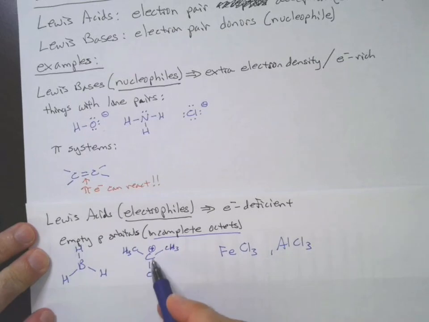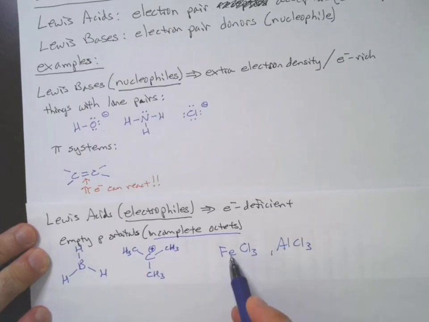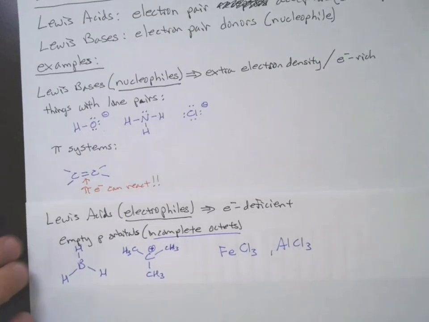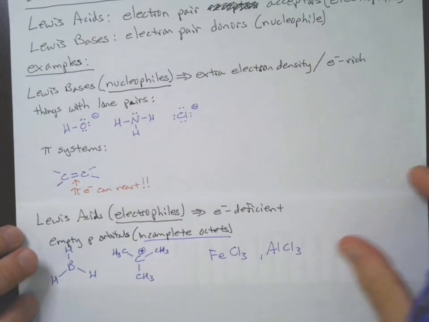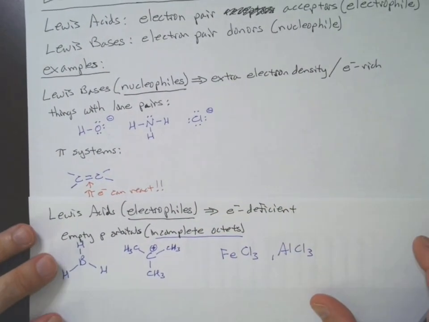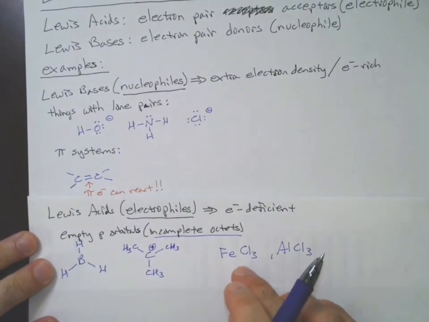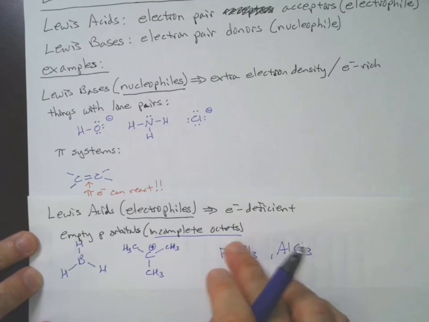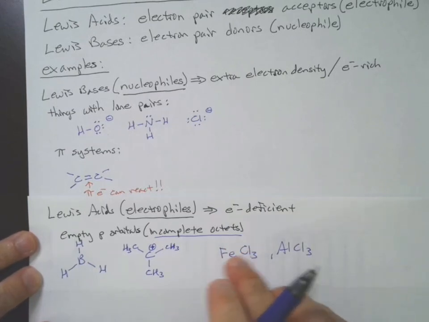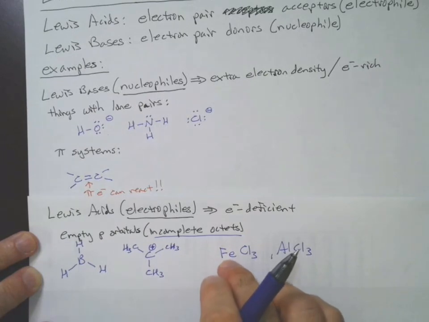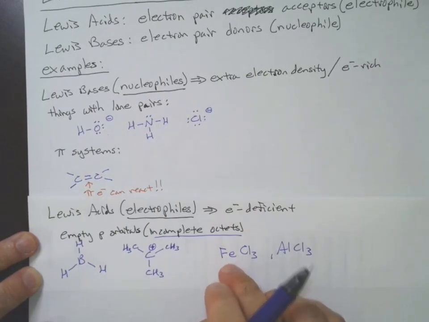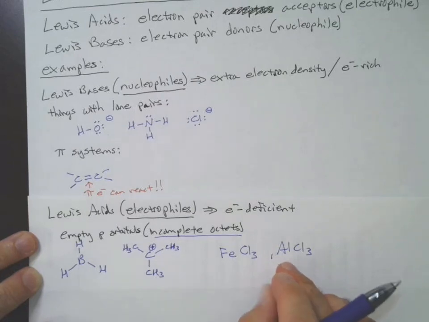So again, we could have things like carbocations, boron, we can have metals. Because metals are electropositive, that is, they're not electronegative, they tend to have less electron density on them when they're bonded to electronegative atoms. So those metal atoms are going to be electron deficient.